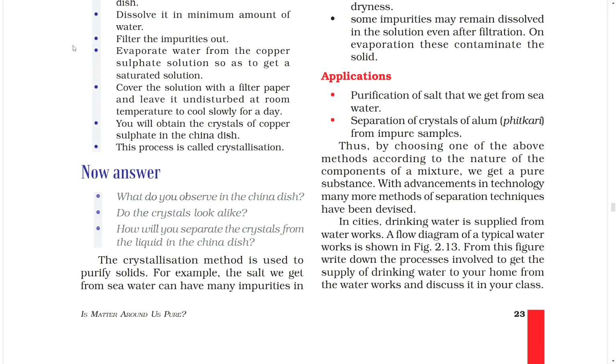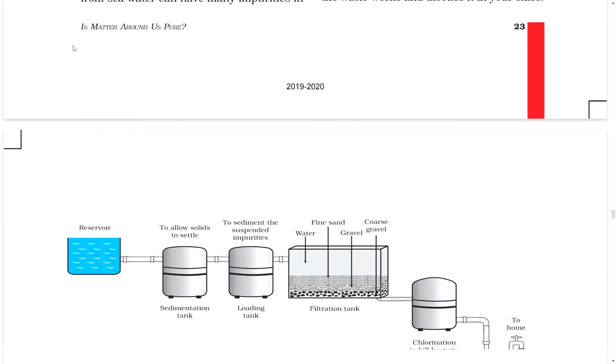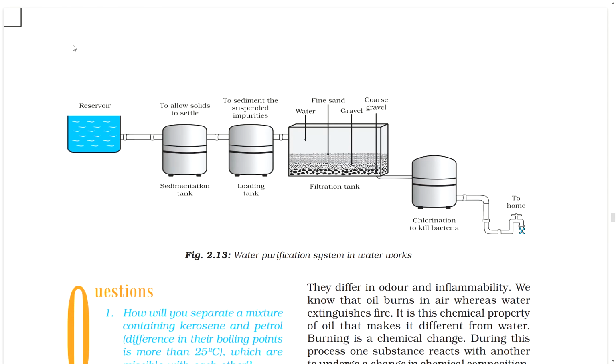In cities, drinking water is supplied from waterworks. A flow diagram of a typical waterworks is shown in the figure. From this figure, write down the processes involved to get the supply of drinking water to your home from the waterworks and discuss it in your class. Water purification system in waterworks.